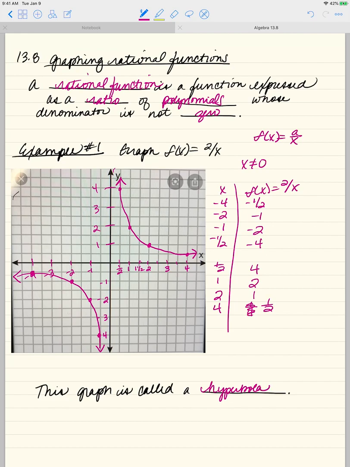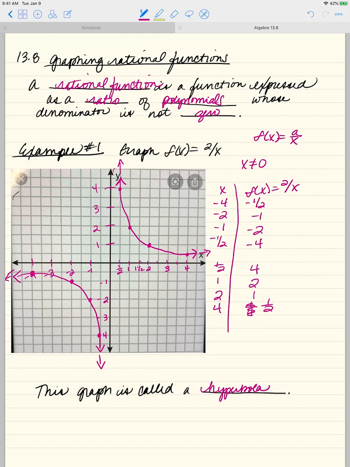Hyperbola. The ends of each branch of the hyperbola in example 1 approach but never actually reach the x and y axes. No matter how far these guys go, they might get really close to the x and y axes. They are never actually going to touch them.